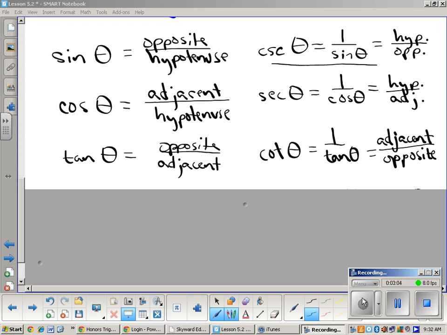I didn't say it enough, so I have to say it again. What acronym did you tell me we used to remember sine, cosine, and tangent? SOHCAHTOA. Okay, well, there really is no acronym for cosecant, secant, and cotangent.